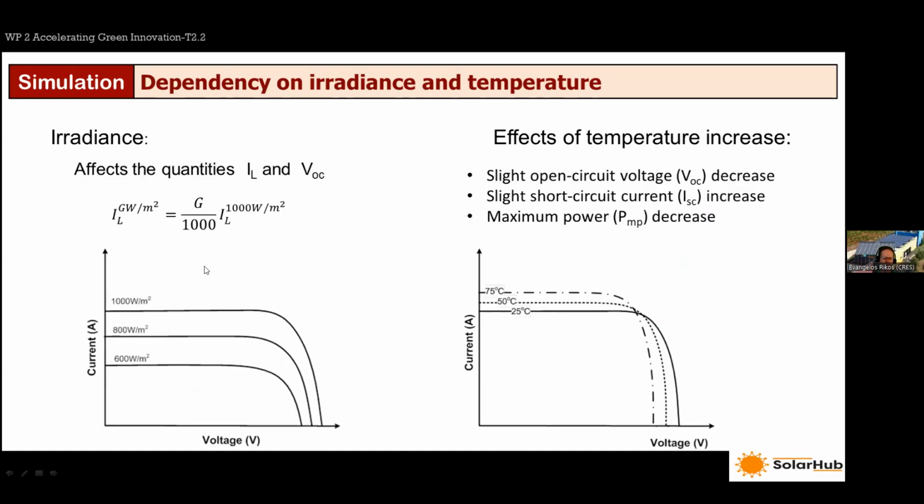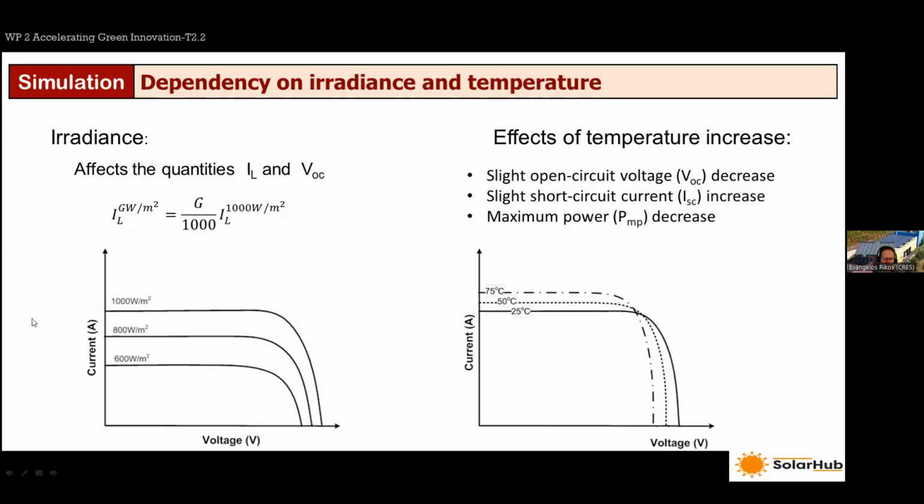So you see that when the amount of light changes, we have a lower IV characteristic, where at least the light current is pretty much proportional to the amount of light the module receives.